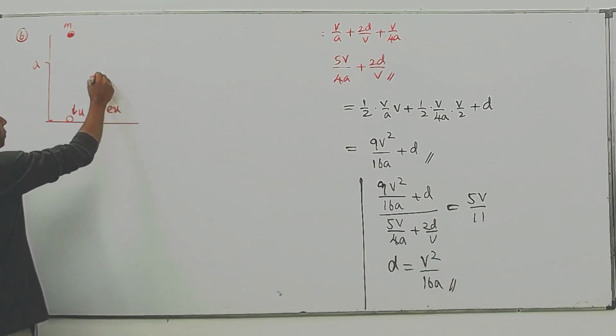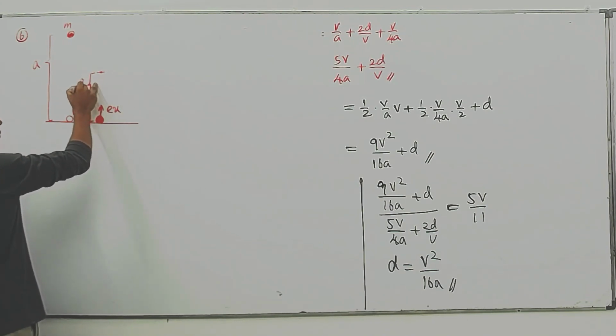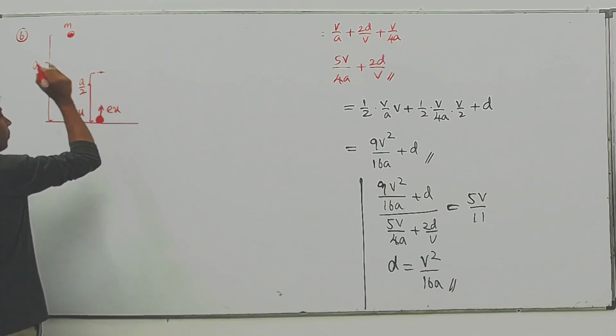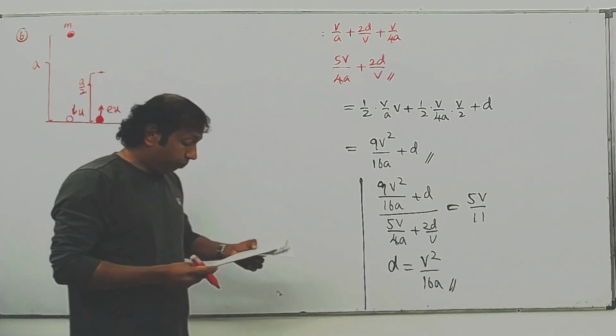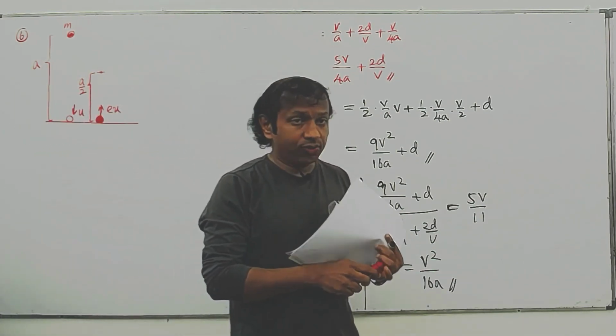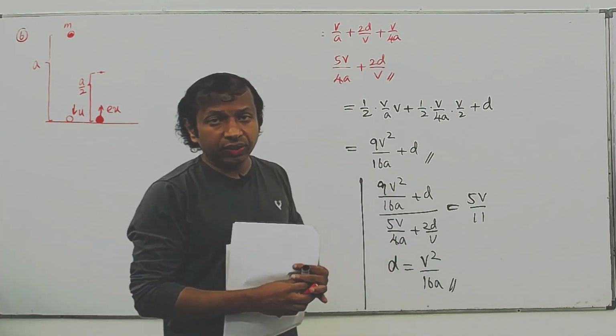With this, the particle moves up to a height a by 2. Now, first of all, by using the equation of motion, we'll find u.